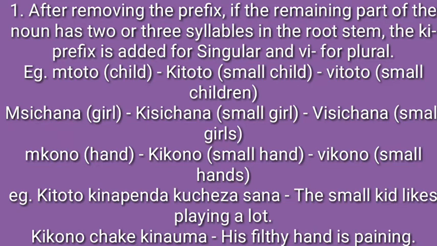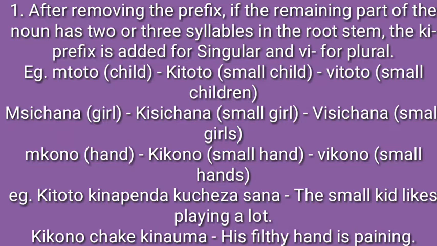So number 1, after removing the prefix, if the remaining part of the noun has 2 or 3 syllables in the root stem, the ki prefix is added for singular and vi for plural. Example, mtoto, you remove the prefix m to get toto, then you add ki. It becomes kitoto.